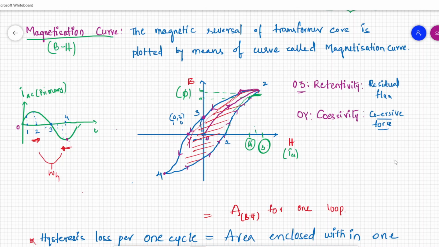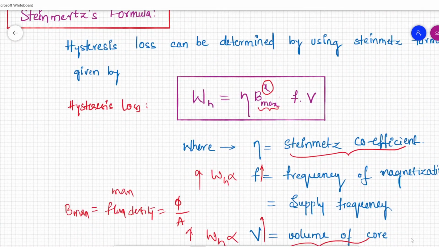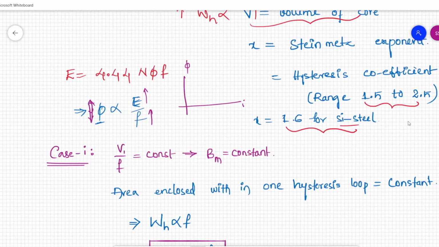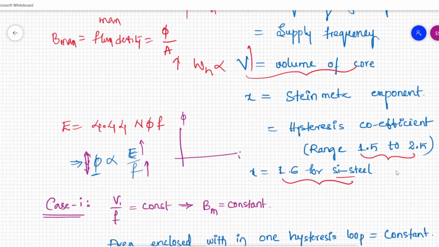So if I want to increase the flux, I can increase the supply current. But as you go on increasing the current, the flux may not increase in proportion to supply current, because there is a property of our magnetic material that is called saturation.